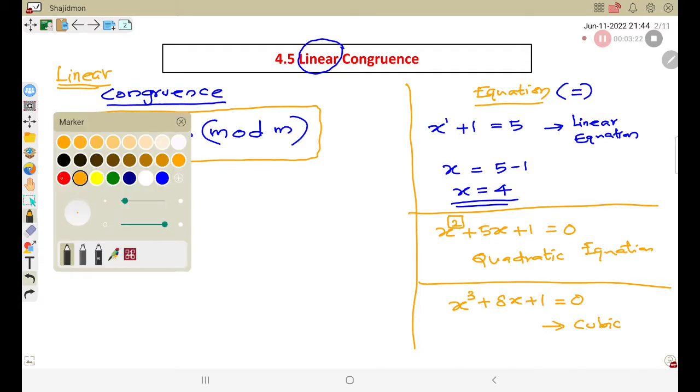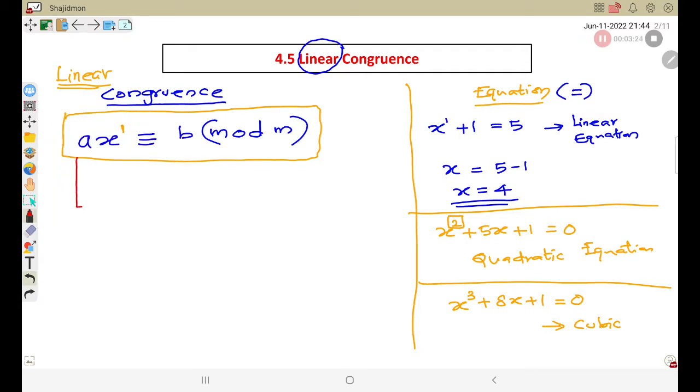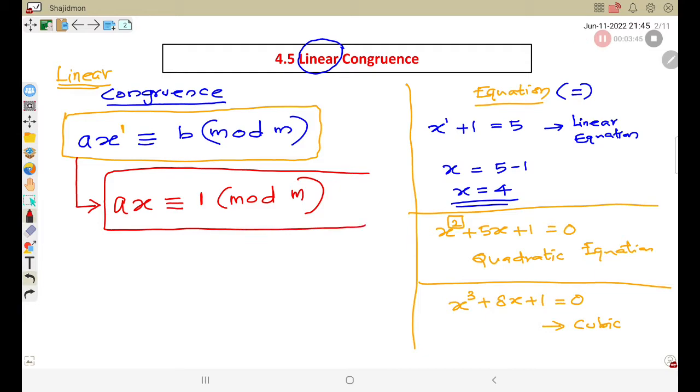Now especially in this section 4.5 we are discussing the congruence ax congruent to b where we are taking only b equal to 1. So the linear congruence is of the form ax congruent to 1 mod m.